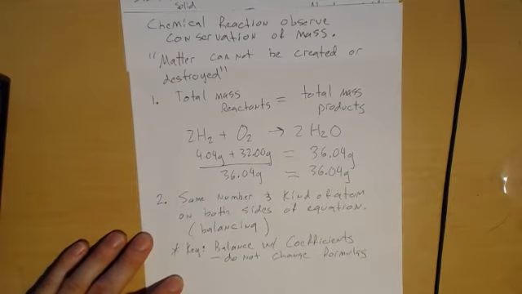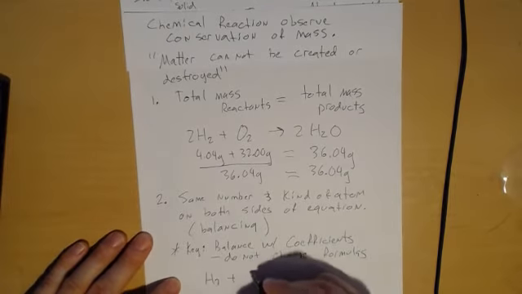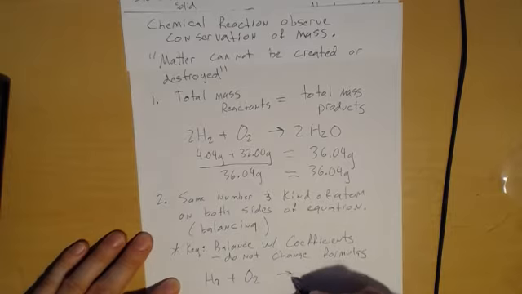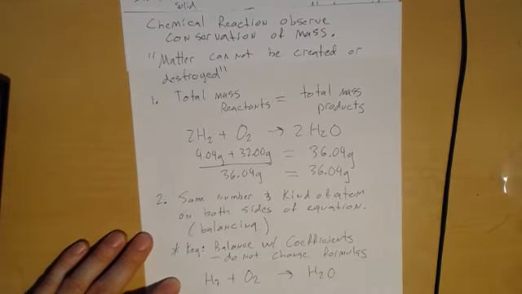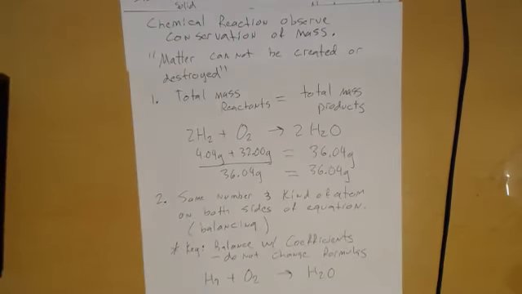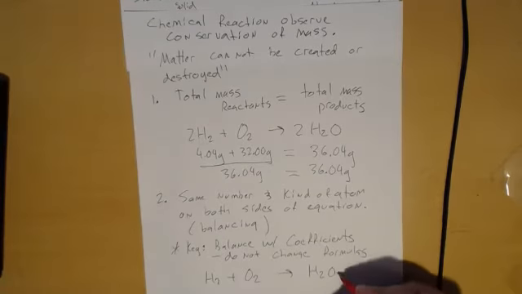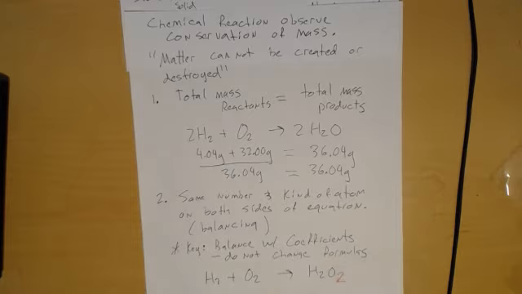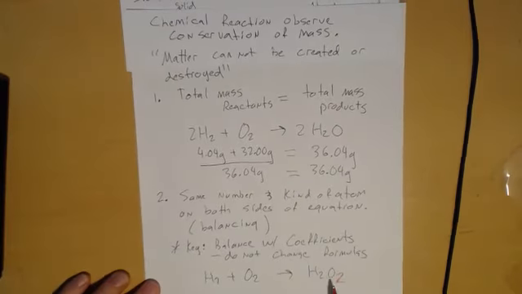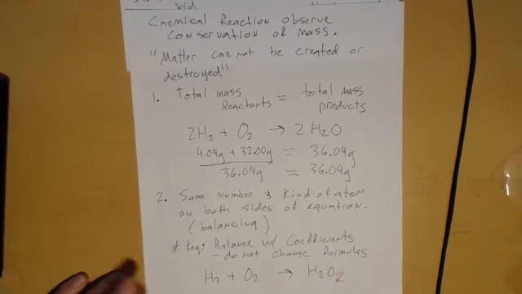Right? So it might be tempting, if I see hydrogen plus oxygen goes to H2O, to just put in a little 2 there. But if I put in that 2, if that reaction happens at all, I'm describing something else. That's no longer water, that's hydrogen peroxide.